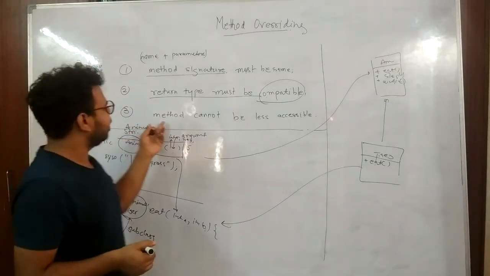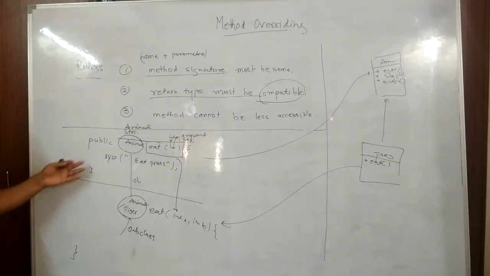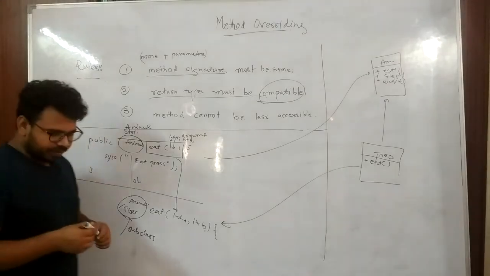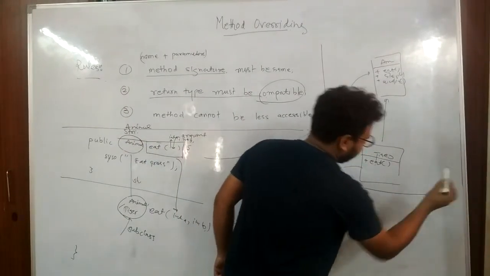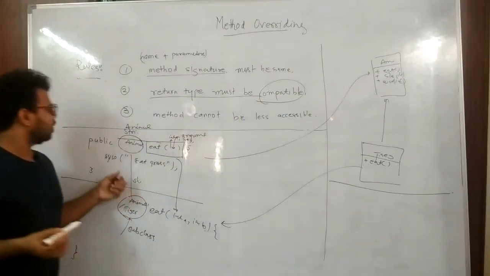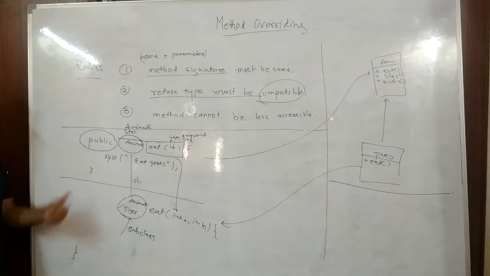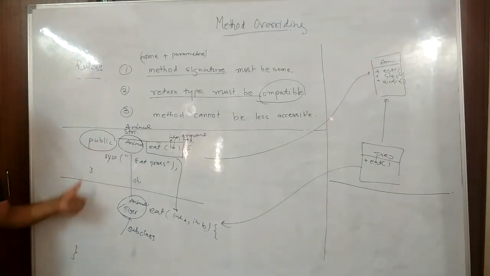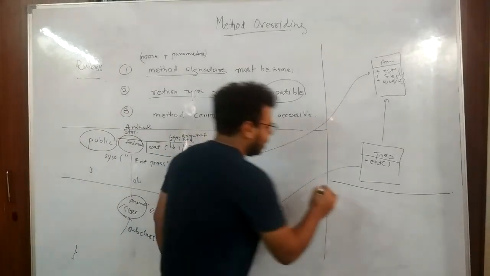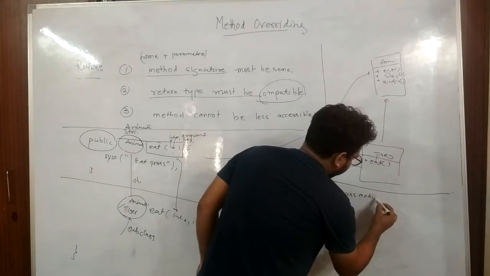Then rule number 3, the method cannot be less accessible. What does less accessible mean? To understand that, keep in mind public. What is public? These are termed access modifiers.